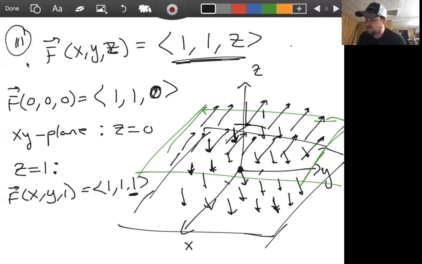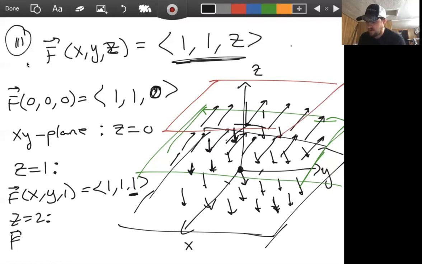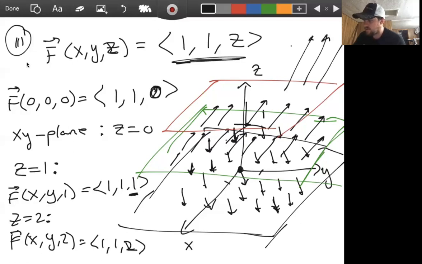And so you can see if you get up to the level like z equals 2, f of x, y, 2, well, this is the vector 1, 1, 2. And so the x and y components are unchanged, but now it's just taller, right? Now they're just 2 units tall.